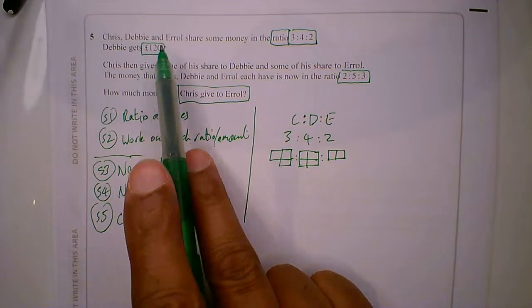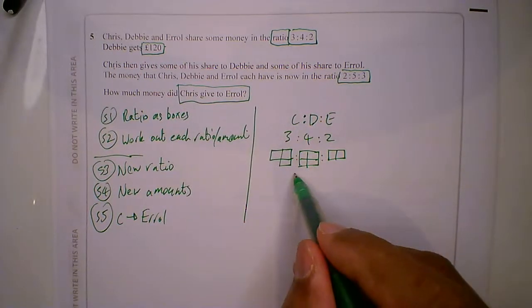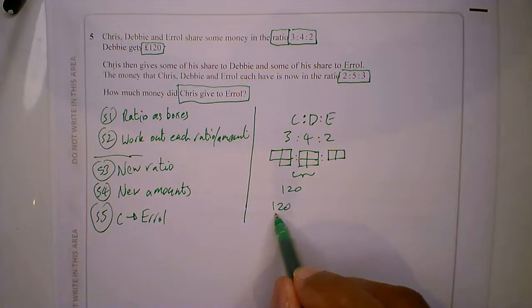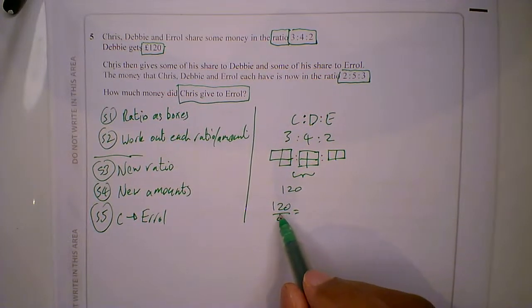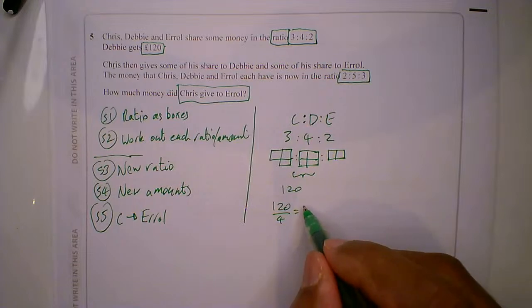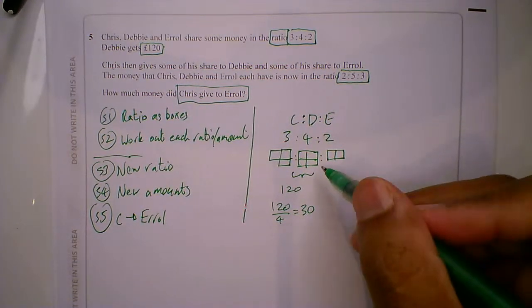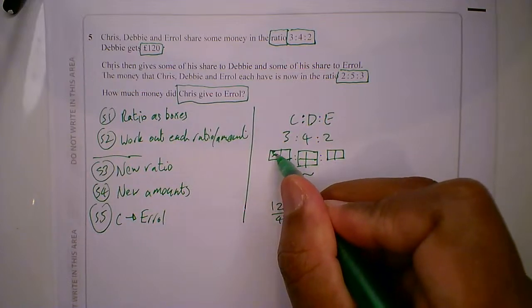Debbie gets 120. So which one is Debbie? Debbie is the middle one. So you can see this is 120. So it's 120 divided by 4. 12 divided by 4 is 3, add the 0. So each of these boxes are 30.